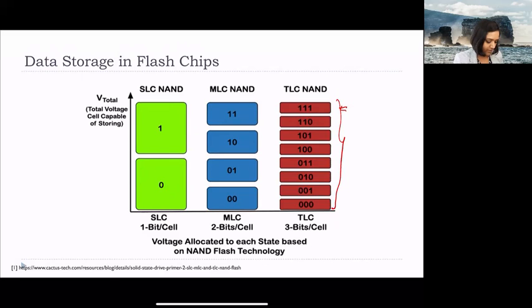So in this graph over here, we are showing SLC, MLC, and TLC on the x-axis, and the y-axis is the total voltage. So depending upon the voltage the cell is storing when we are reading, let's say the voltage that we read is somewhere around here for SLC, we would say that it's storing bit 0. If the voltage we read is at the same location for MLC, we would say that it's storing 0 0.